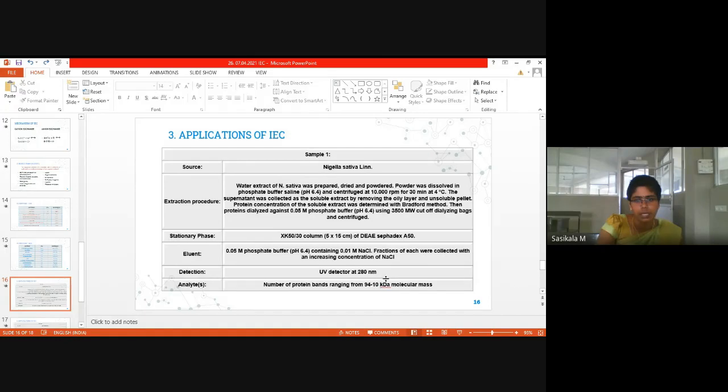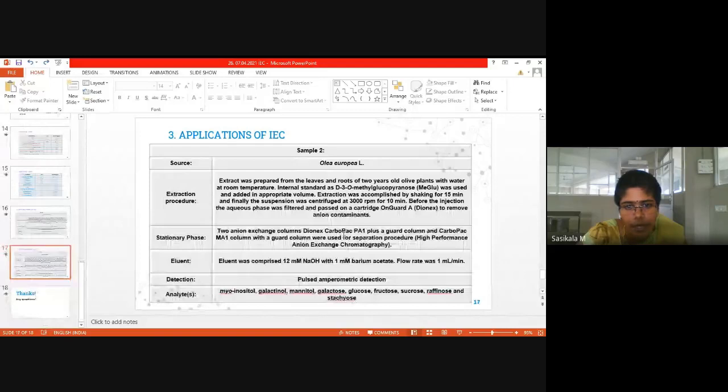Here, proteins varying with molecular mass have been eluted from this ion exchange chromatography. So that is an example of anion exchange chromatography. Here another example is also quoted. You can just read and check what type of molecule is separated by using ion exchange chromatography. Sodium hydroxide with barium acetate, flow rate 1 ml per minute, and extraction procedure of the particular plant.